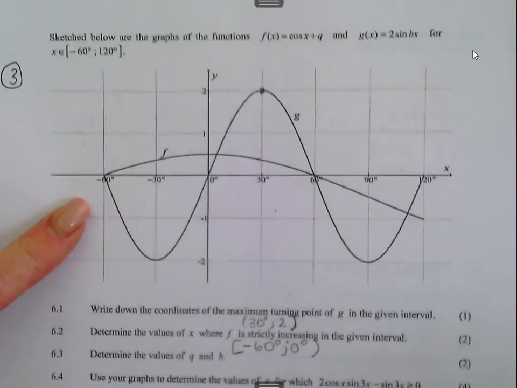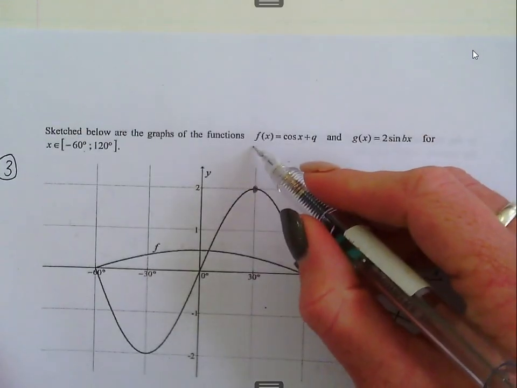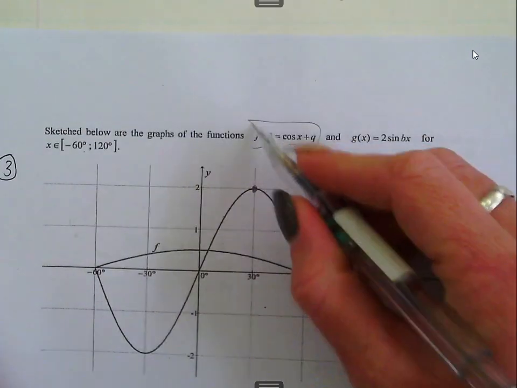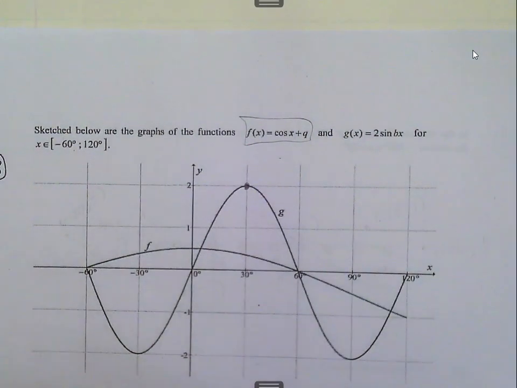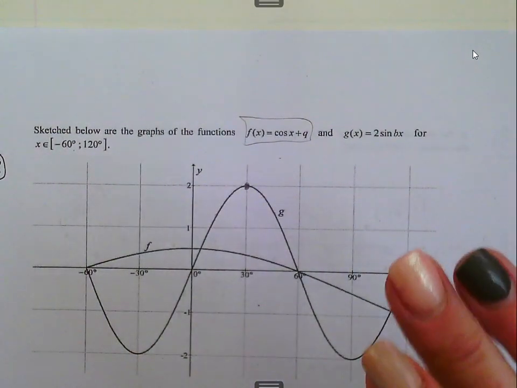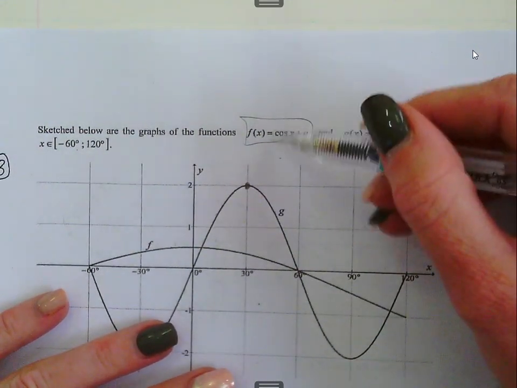Okay, determine the values of q and b. Now if I look at f's function, it's cos x plus q. So that graph is perfectly fine. There's no amplitude that's different.